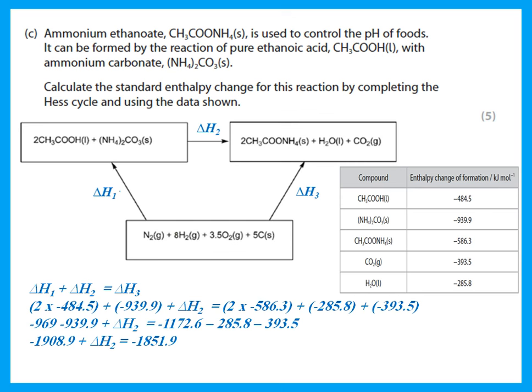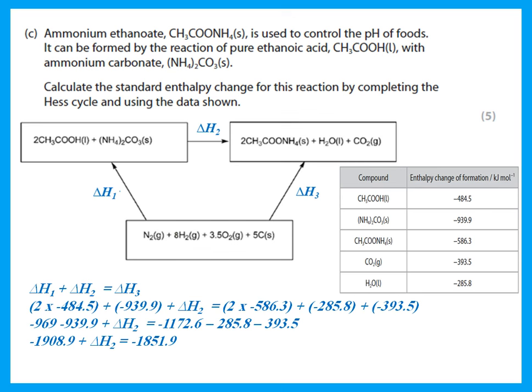Remember that the values that he gives you in the table are for 1 mole. So if we're trying to make 2 moles of CH3COOH, you have to multiply that number by 2, plus I'm trying to make 1 mole of ammonium carbonate, so I put that number, plus the delta H2 which we're looking for is equal to the other side.